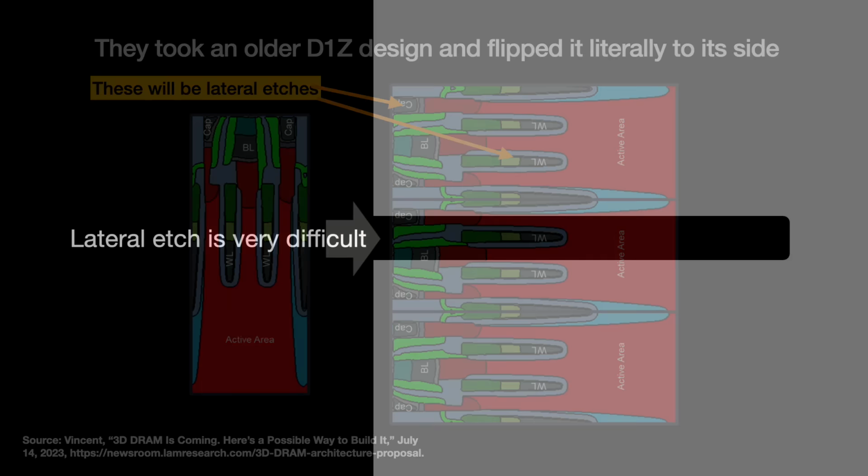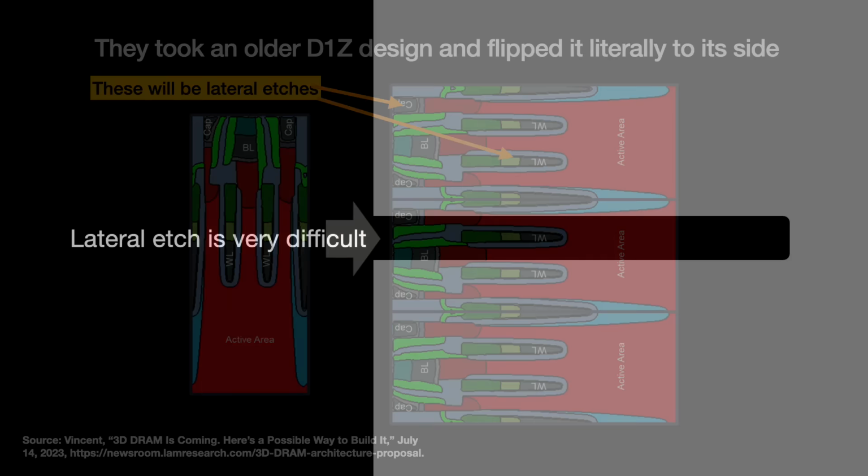Etch is about sending reactants deep into a cavity and letting them react with the substrate in the desired direction. Reactants are harder to control when that cavity is lateral, not vertical. The same goes for deposition. So, just flipping the structure on its side will be a nightmare, and we should avoid it like Freddy Krueger.